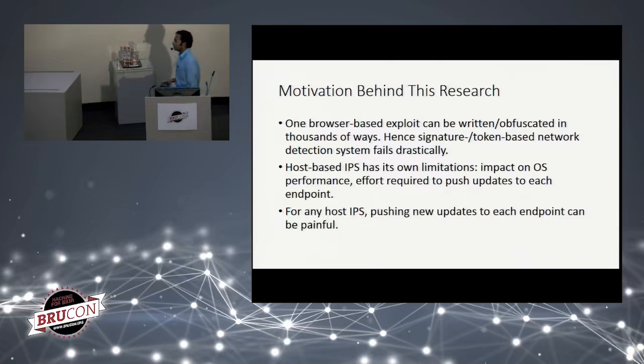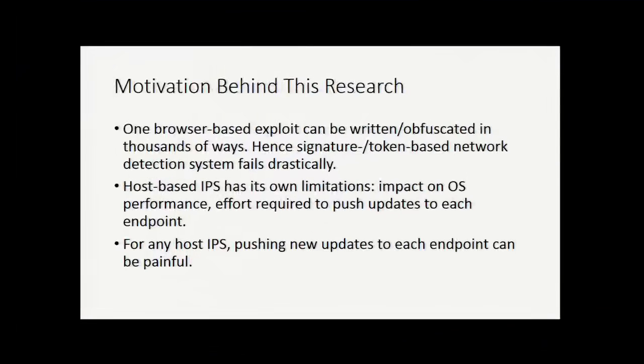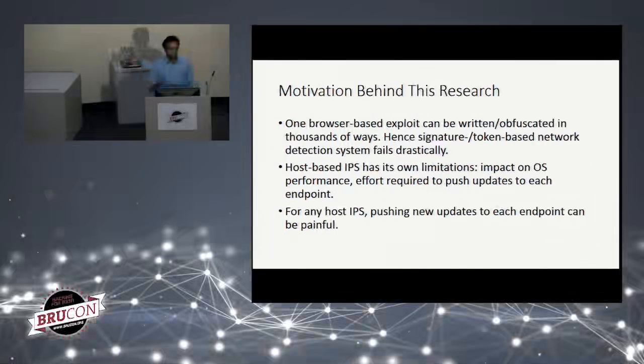So now we'll slowly move into the motivation behind the research. What actually motivated me to do this research? A browser-based exploit is mostly written in JavaScript and HTML, so it can be written in thousands of ways. You can obfuscate a single exploit in maybe 1,000 ways.